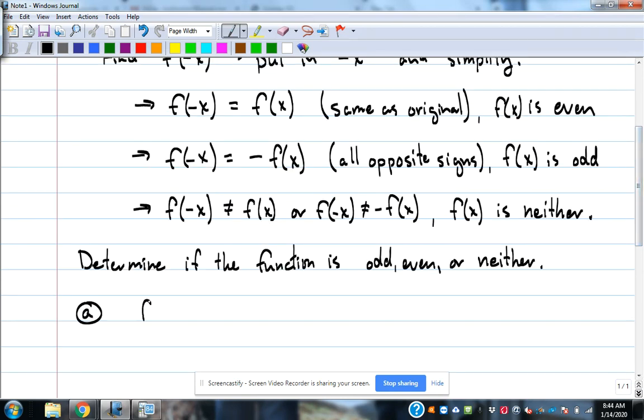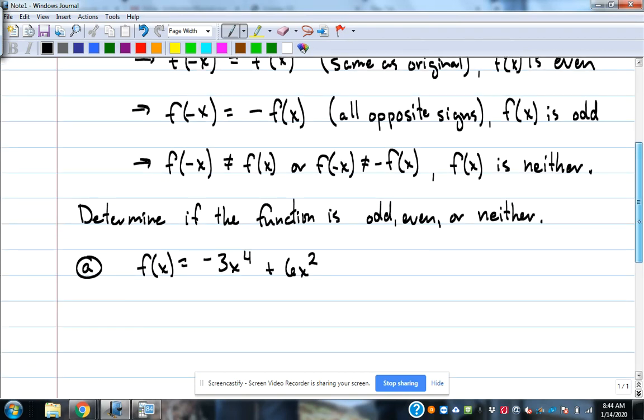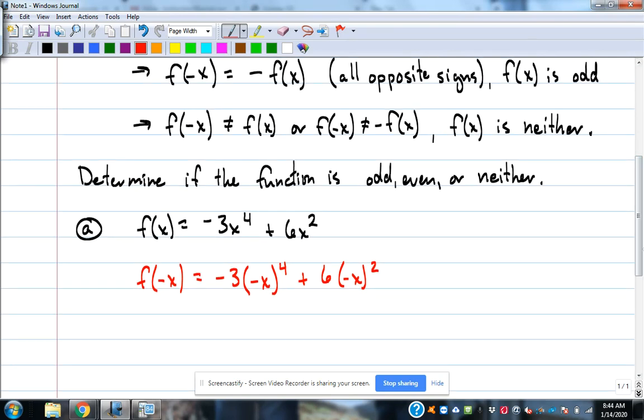Like f of x is equal to negative 3x to the fourth plus 6x squared. All right, so the test is to plug in negative x and simplify it as much as possible.